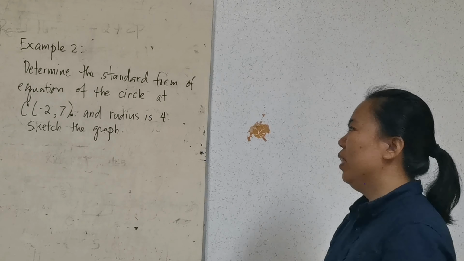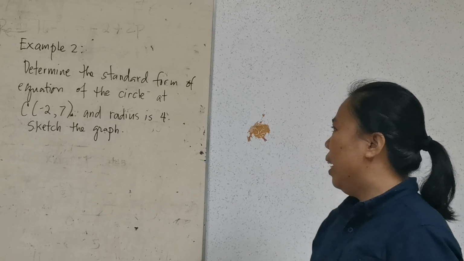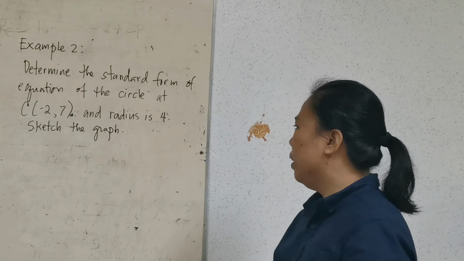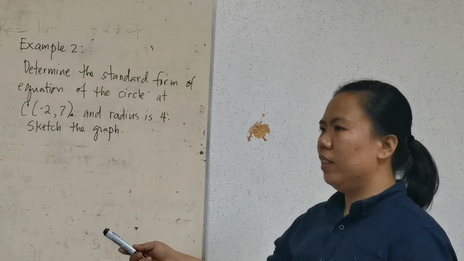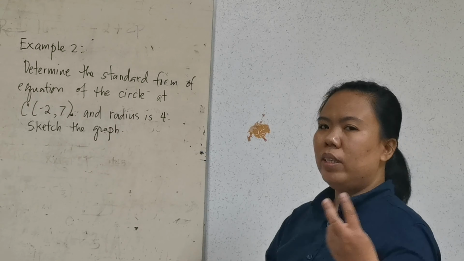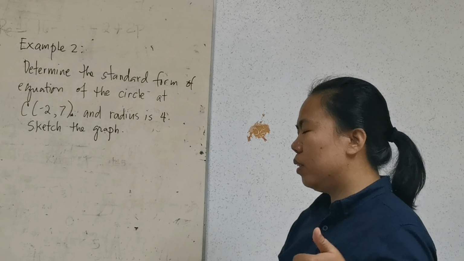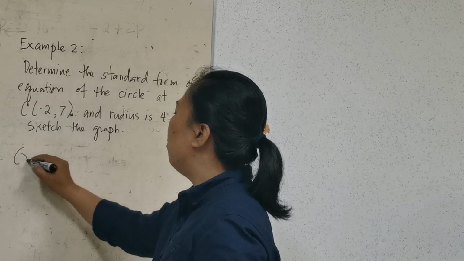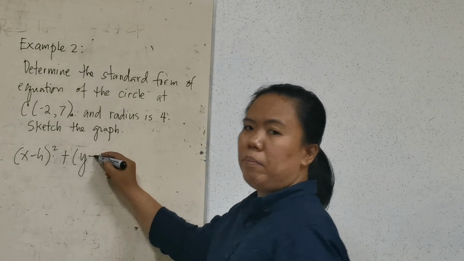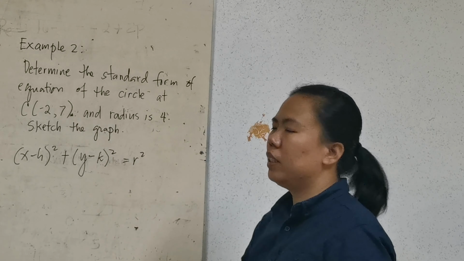Example number 2. Determine the standard form of equation of the circle whose center is at -2, 7, and the radius is 4. Again, we will sketch the graph. So from the 2 given equations of the circle, we will use the first one. We have x minus h squared plus y minus k squared is equal to r squared.